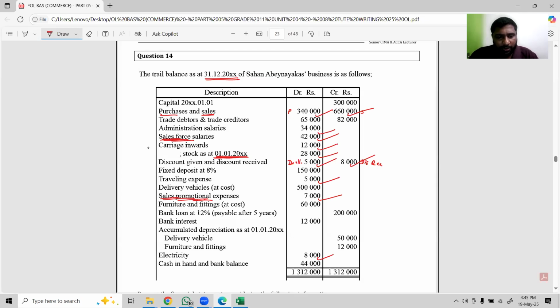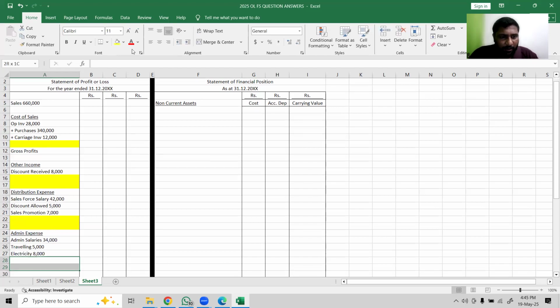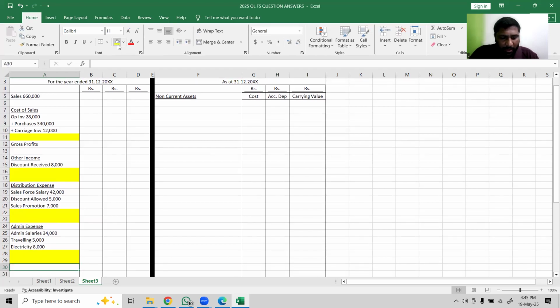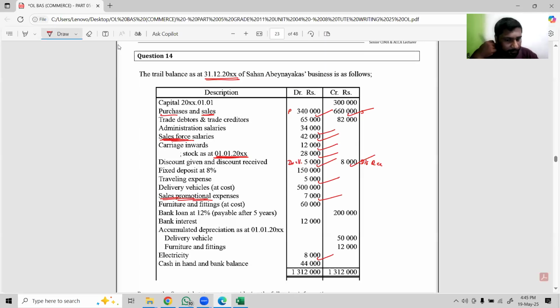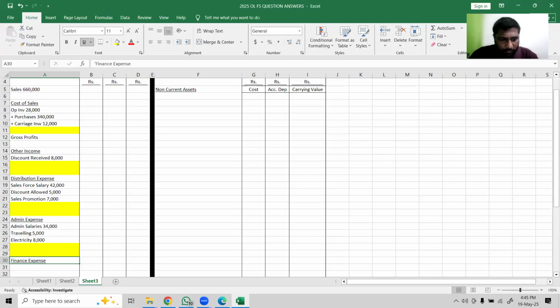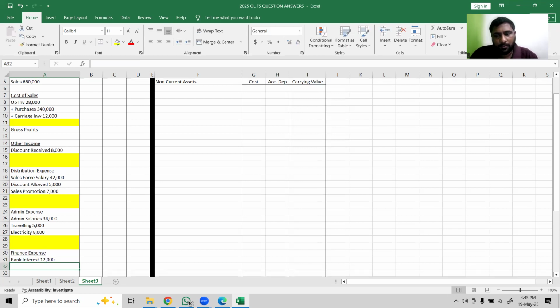So admin expenses also done. Again, we'll leave like 2 lines and we'll go for the finance expense. Bank interest 12,000. So that is also done.